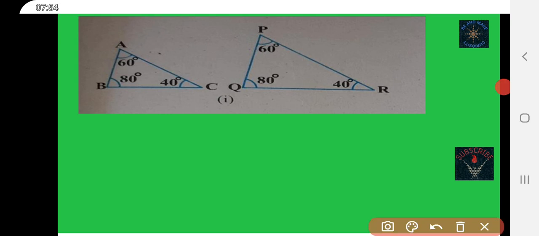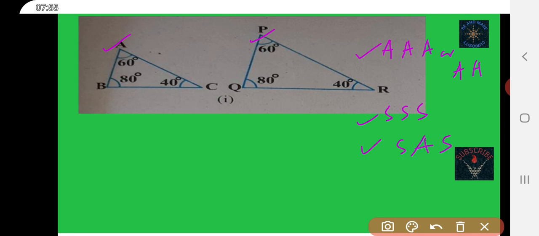Now we check whether two triangles are similar or not. Here triangle ABC and triangle PQR. You know three criteria: one is AA, second is SSS, and third is SAS.